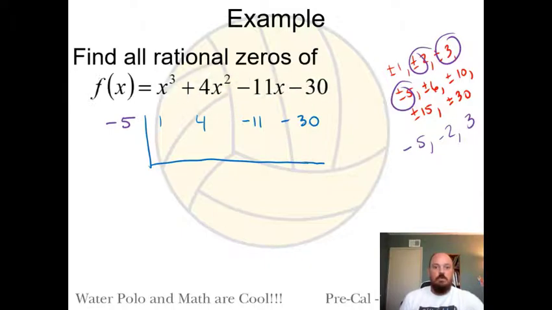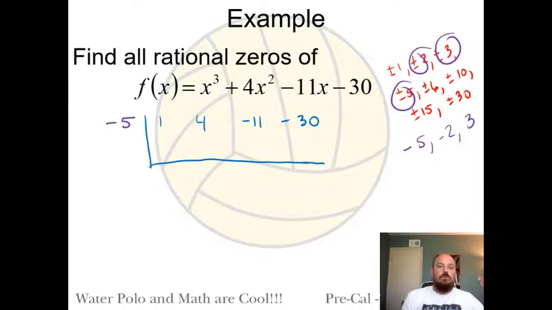And here is our question, by the way. And then here's the synthetic division from last week. The first number, the 1, drops down, and then it's multiply, add across. Negative 5 times 1 is negative 5. Add is negative 1. Negative 5 times negative 1 is positive 5.